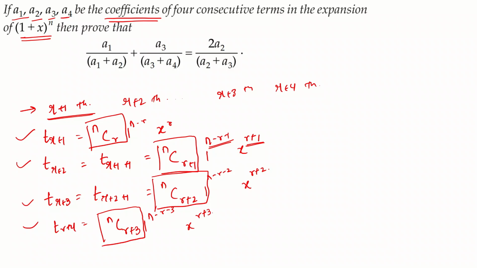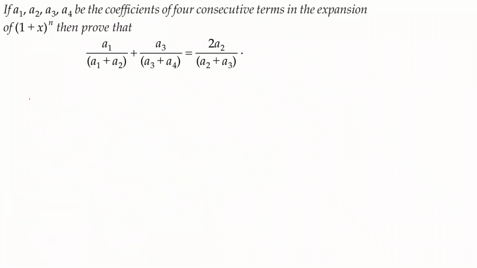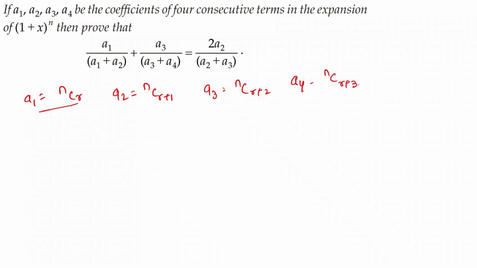These are the values of A1, A2, A3 and A4 respectively. So let's quickly write them down. We have A1 is equal to n C r, A2 is equal to n C r plus 1, A3 is equal to n C r plus 2 and A4 is equal to n C r plus 3. So these are what we have.